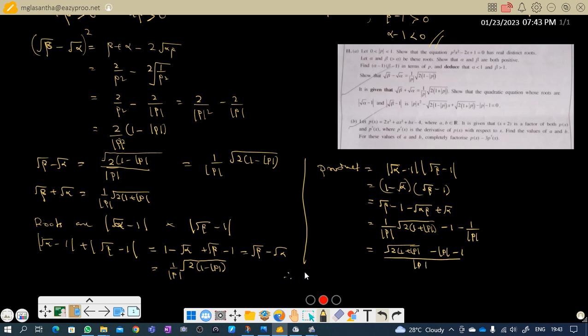Therefore, the required equation is x squared minus the sum of the roots, that is 1 over mod p times square root of 2 into 1 minus mod p, times x, plus the product of the roots, which is square root of 2 into 1 plus mod p minus mod p minus 1, whole thing divided by mod p, equals 0.